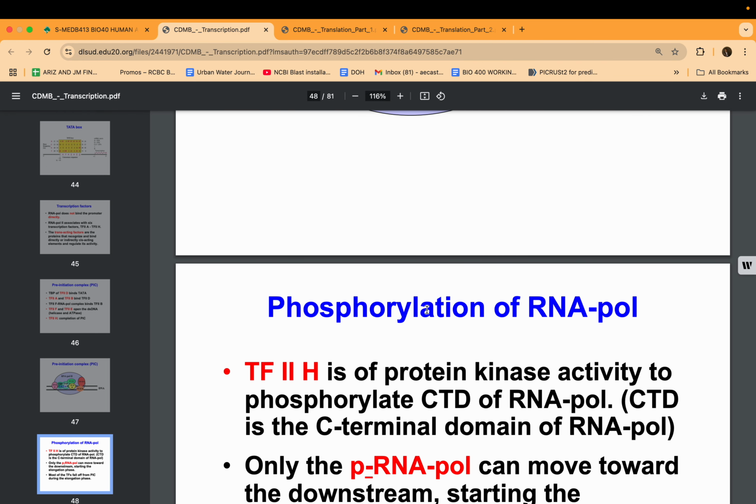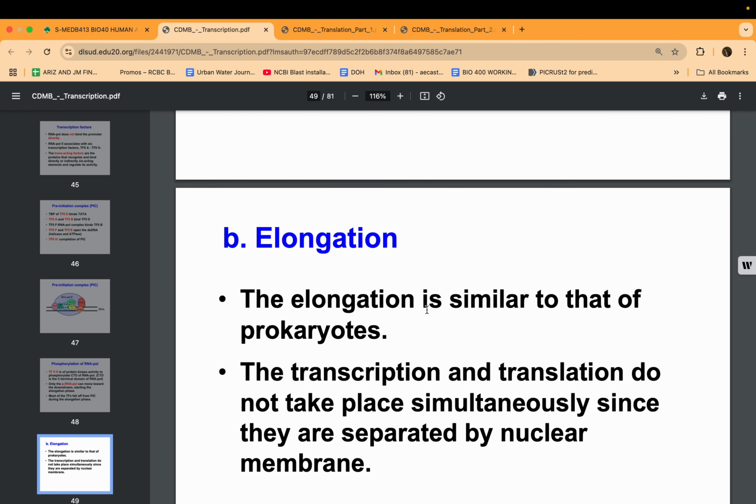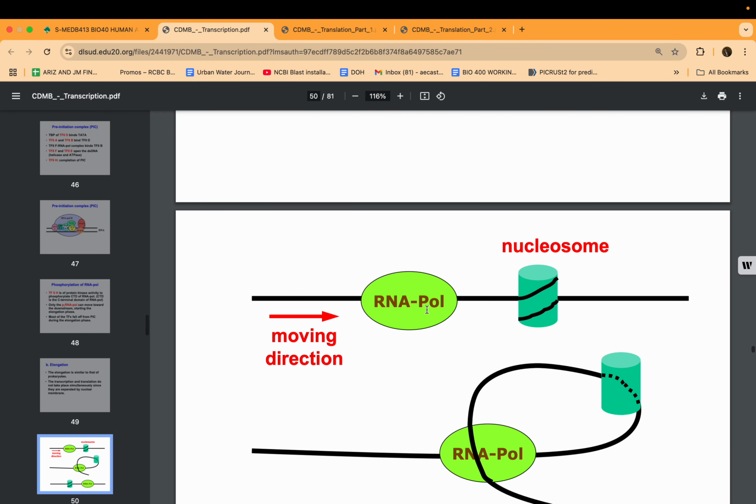But just remember the fact that in eukaryotes, the initiation of transcription is more complicated, more multi-step. Elongation is very similar to prokaryotic systems, and unlike bacteria, transcription and translation are compartmentalized. They do not take place simultaneously since they are separated by the nuclear membrane.